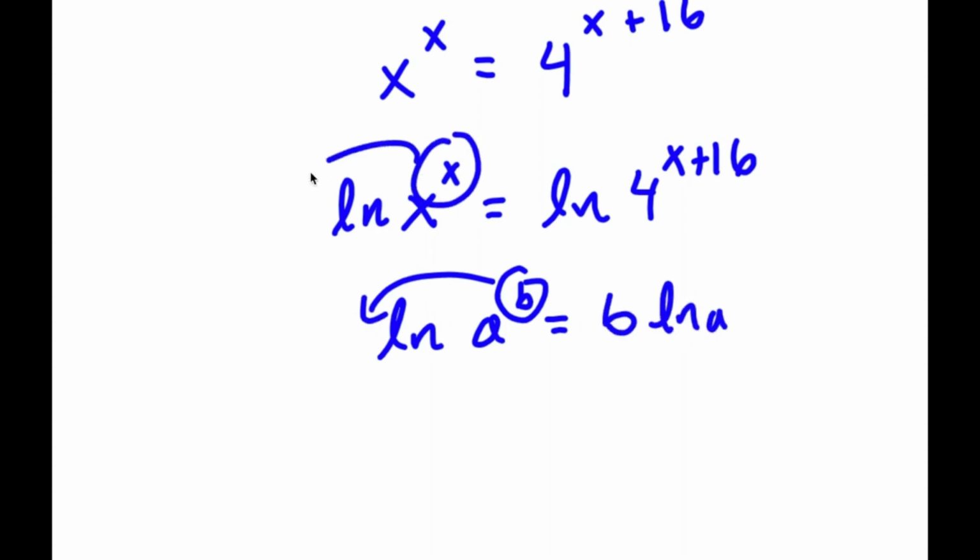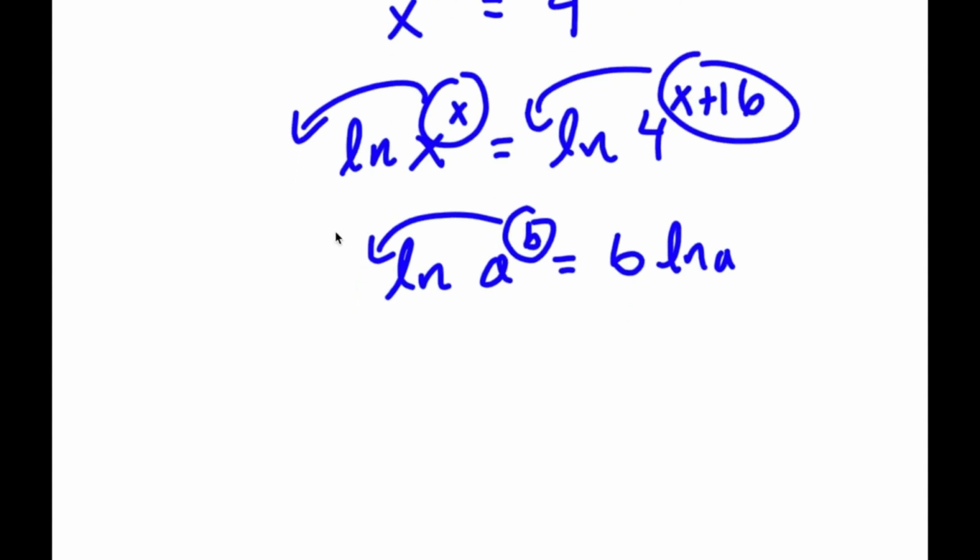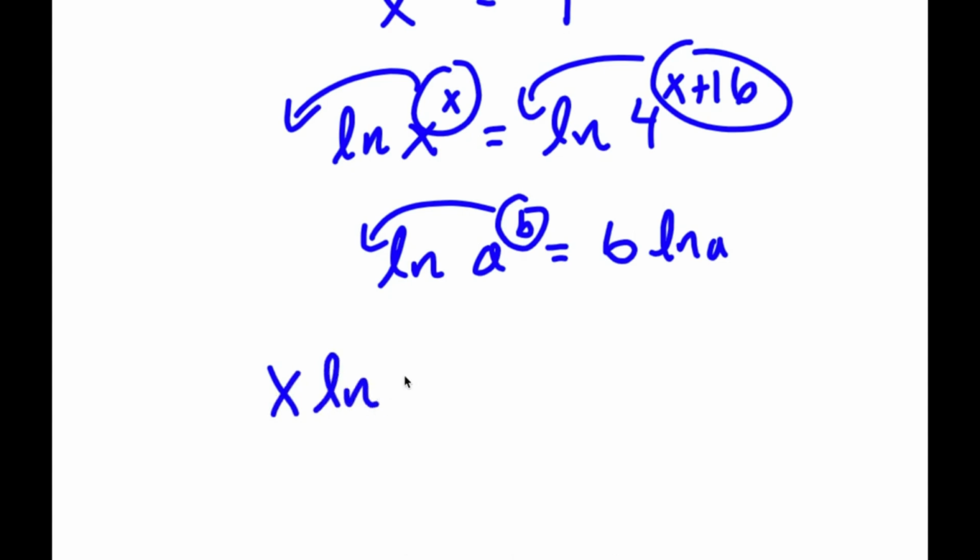So in this case, I have ln of x to the power of x. I can move x to the front, and for ln of 4 to the power of x plus 16, I can move x plus 16 to the front. So now I have x times ln x is equal to x plus 16 times ln 4.